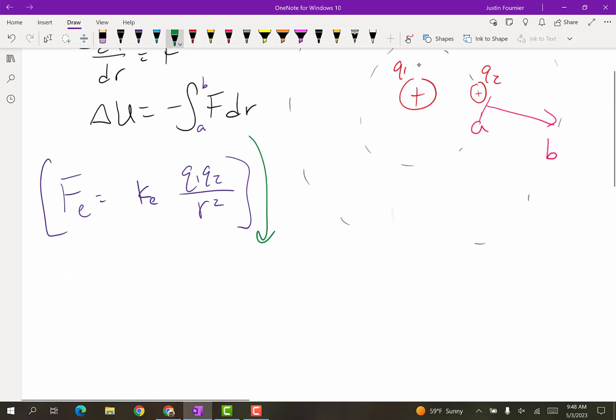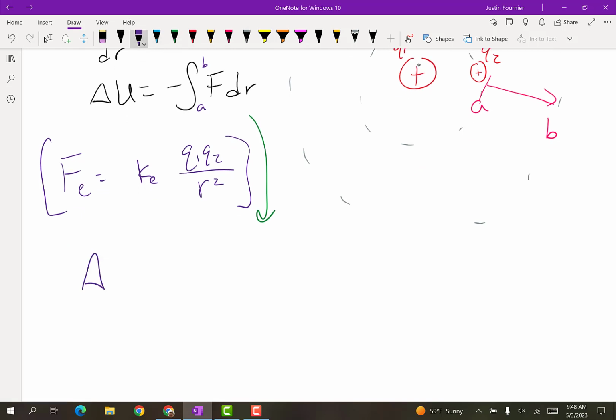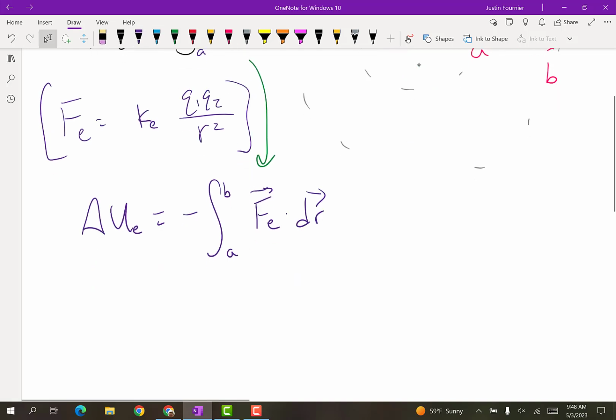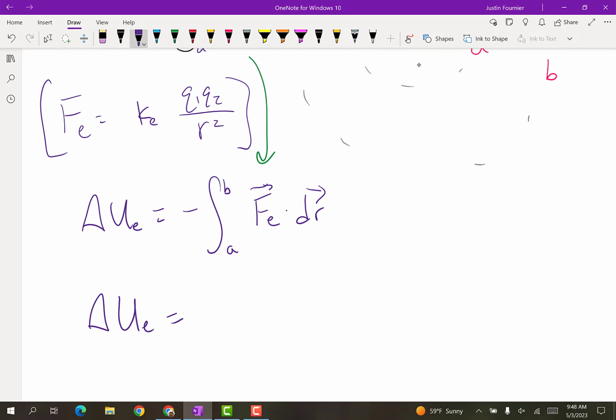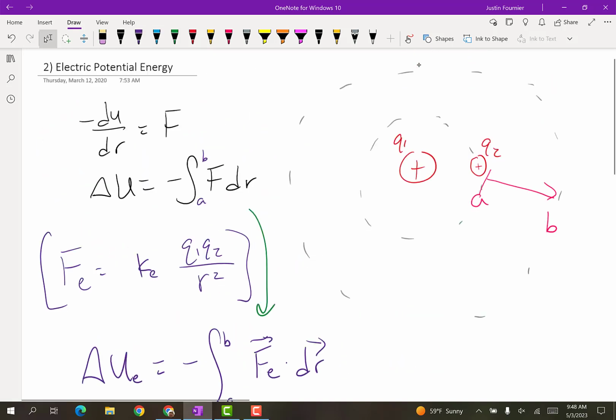So we'll use this equation. The change in electric potential energy is going to be the negative integral from A to B of the electric force dotted with dr. Basically rewriting this, it's going to be negative integral from A to B of the electric force dr, and then cosine of the angle between those two vectors.